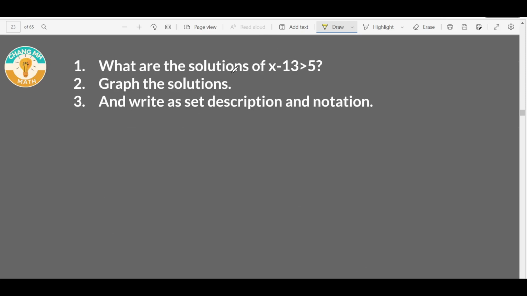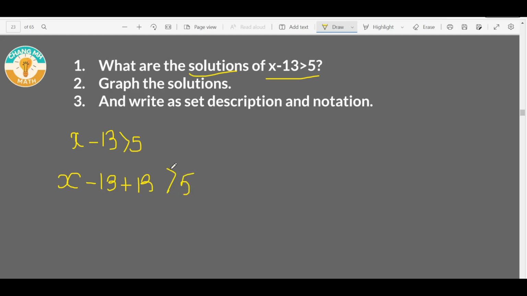Alright, so what are the solutions of this? x minus 13 greater than 5, it does not include equal. Alright, the solution means the value of x. So we want x, so we have to add 13 in order to remain with x.